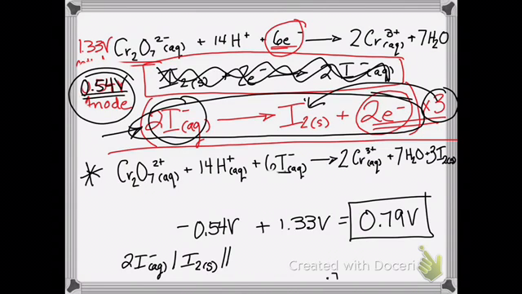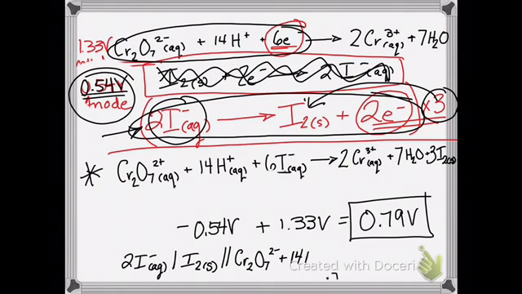Okay, and then we're going to split that and come all the way up to the top. We're going to be looking at the starting material. Never show electrons. So this will be Cr2O7 2 minus plus 14H plus, because that's what we have over on the left. Draw a line.